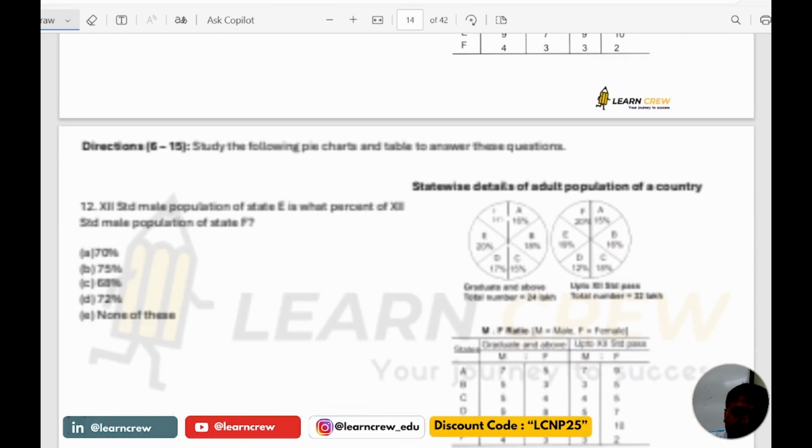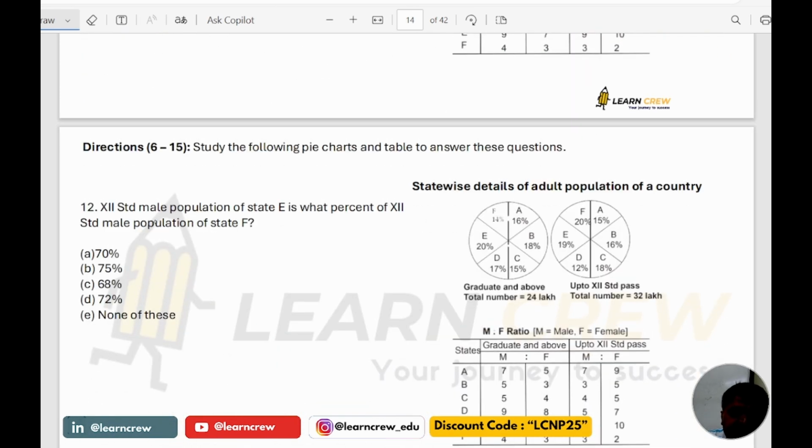Then question number 12. 12th standard male population of state E is what percentage of 12th standard male population of state F? 12th standard male population of state E means how much? 9 by 19th of 19 percentage of 32 lakhs.